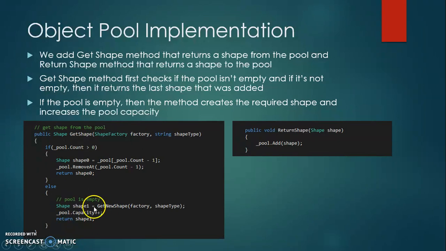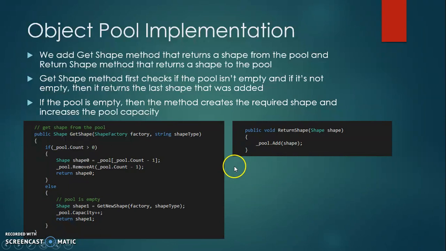And if the pool is empty, then we create a new shape, increase the pool capacity, and return that shape. We also have the returnShape method. That method is used when we no longer need a shape and we want to put it back into the pool. So we pass the shape as a parameter and then add it to the pool. These are the main methods that we need for the implementation of the object pool pattern: getShape, returnShape, getNewShape, and the constructor.